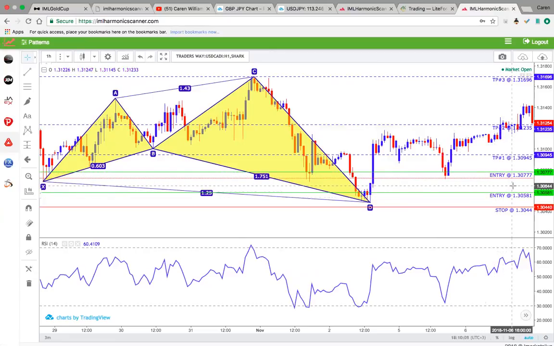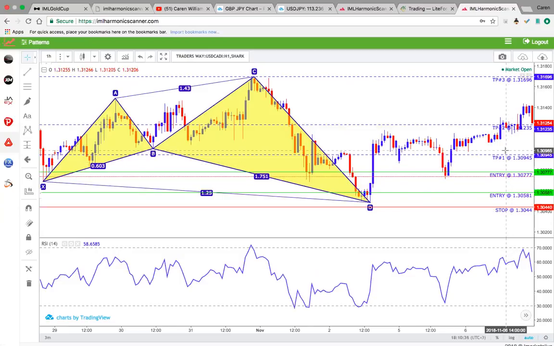This is where they're suggesting that you enter the trade, using this price here or this price here. You have a stop loss, and the stop loss is to help manage your risk. You would enter your stop loss in case the trade goes in the opposite direction. You will not lose all of your money so long as you're using proper risk management.